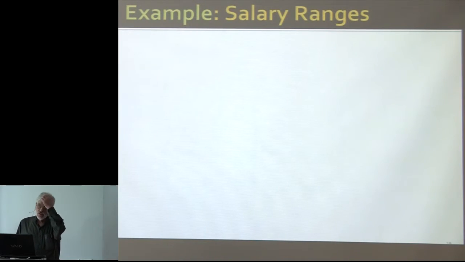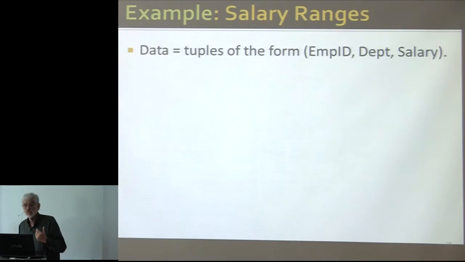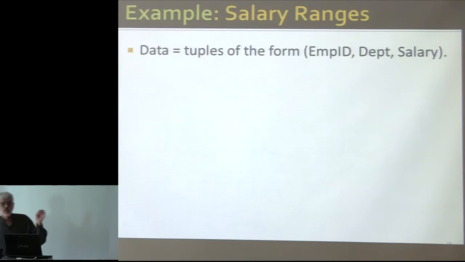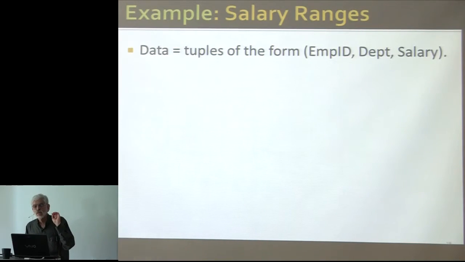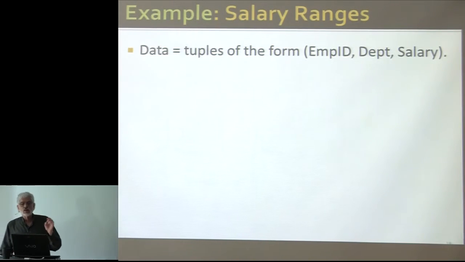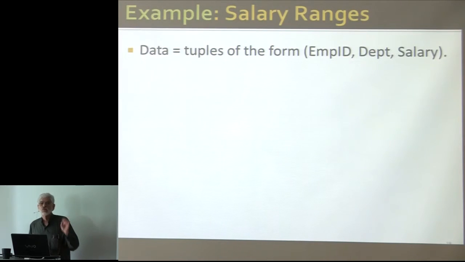So let me just give you a more complicated example. I think this should be enough to make it clear. My data, again, you can think of it as a set or a stream, it doesn't matter. But they're tuples that have an employee ID or name, the department to which they belong, and their salary.